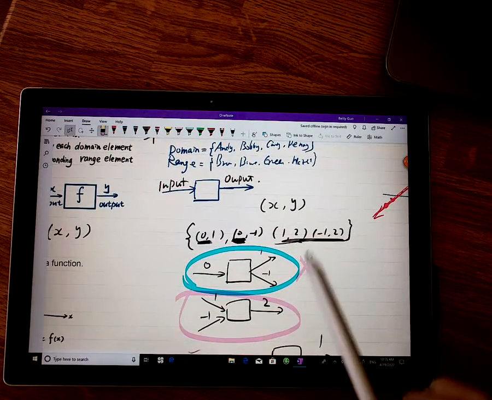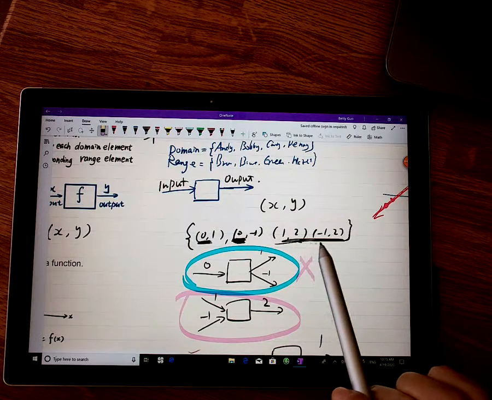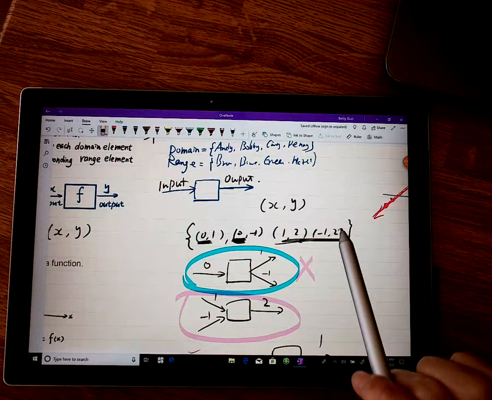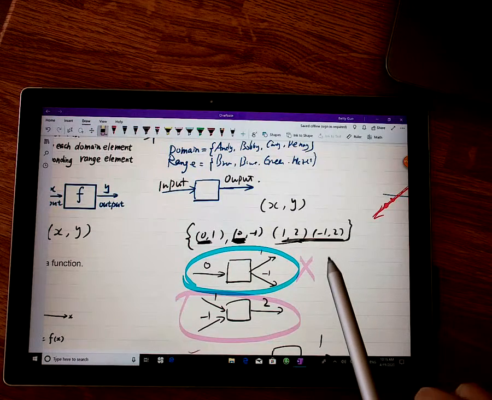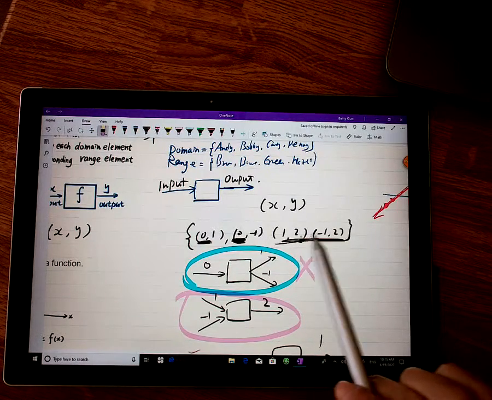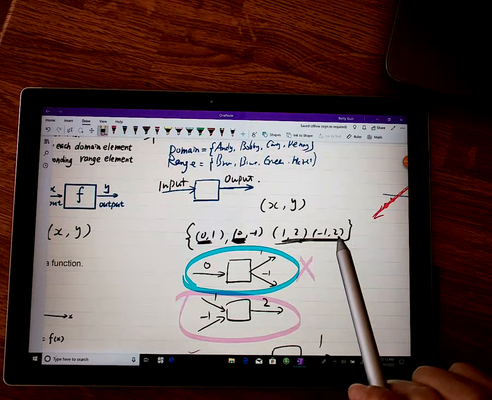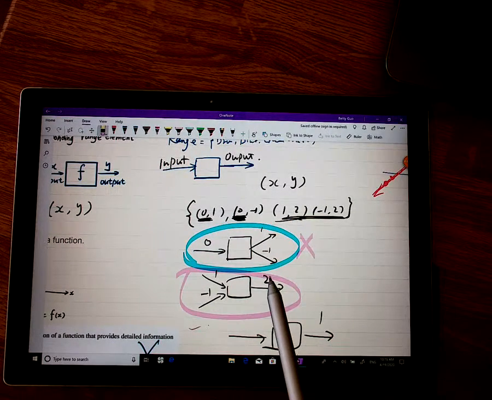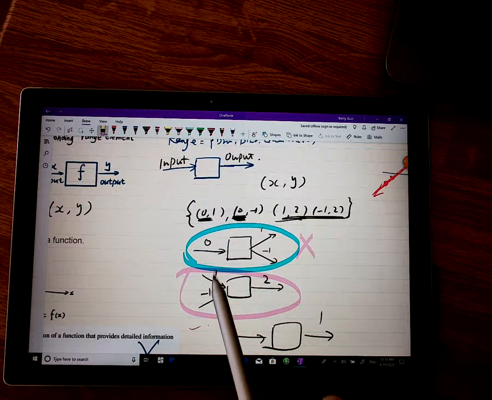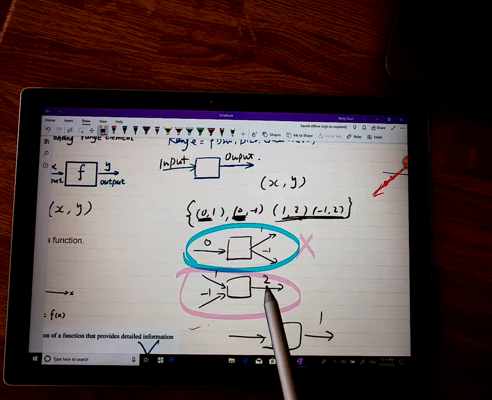But somebody might wonder, what if in a relation we have (1, 2) and (-1, 2), meaning for the same Y, we have two different X? Would that disqualify a relation from being a function? That is okay. A function could have two ordered number pairs with the same Y value, different X values. Because you can see for 1, there's only one Y value making a pair with it, right? For 1, you only have 2. For -1, also there's only one range element.